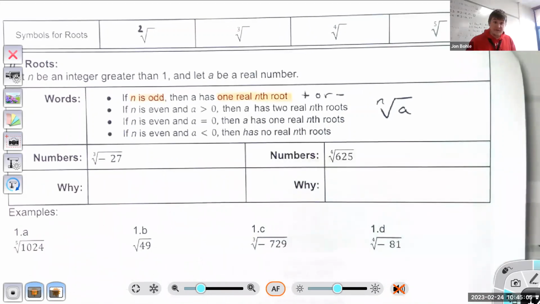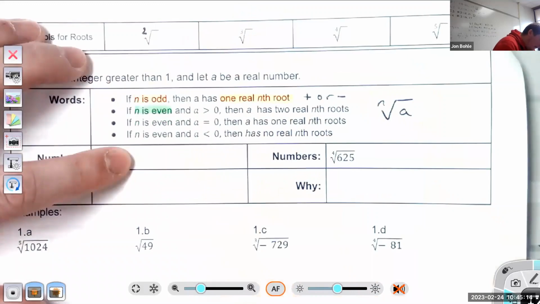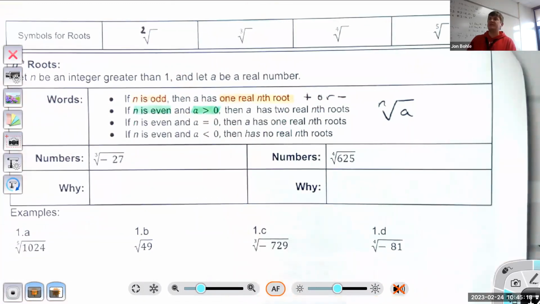All right, this is where it gets confusing. I wouldn't even say confusing. It's just hard to keep track of. If n is even and a is greater than 0. If a number is greater than 0, what does that mean? It's positive.